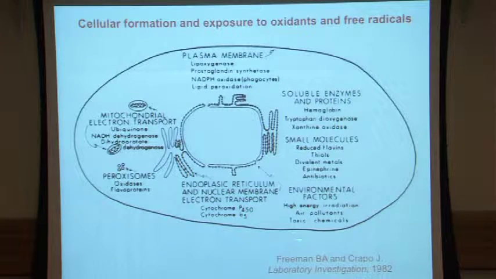So Bruce Freeman, who was my postdoctoral mentor early on, proposed an overall scheme indicating that in biology, in cells and the extracellular milieu, oxidants and free radicals are produced continuously throughout life. Also, our cells and tissues are exposed to oxidants and free radicals environmentally, either by high energy irradiation, pollution, and even toxic chemicals and xenobiotics coming into our bodies that are activated and lead to the formation of free radicals.